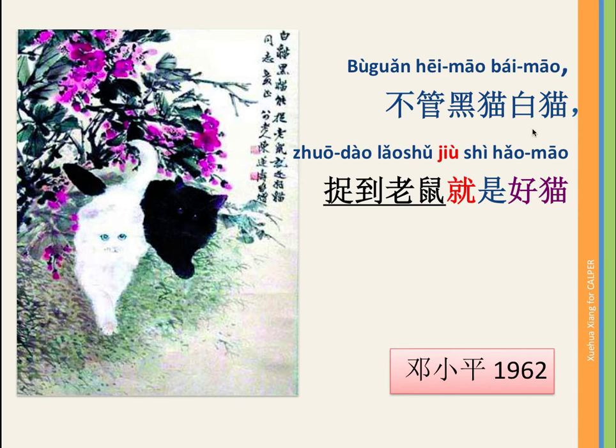If we switch this to 才是捉到老鼠才是好猫, the attitude will be very different. It will mean that I know you guys are trying many different things, but not until you catch mice would you be a good cat. So it's a very different scenario.